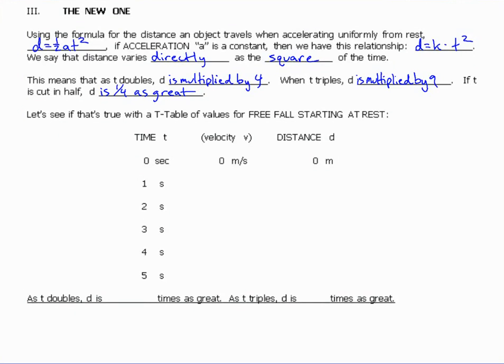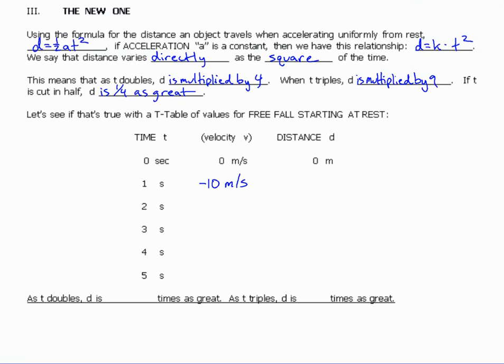Let's see if that's true with a table of values for free fall starting from rest. Time, velocity, distance. So the velocity at 0 seconds is 0 meters per second because it is a dropped object. After 1 second, its velocity is -10 meters per second.